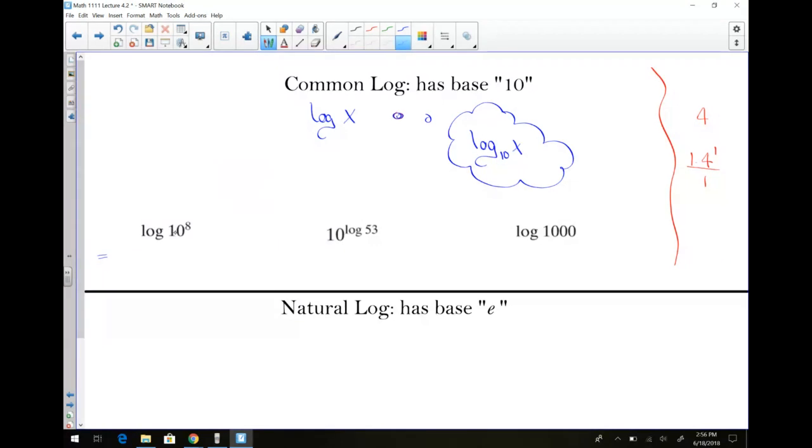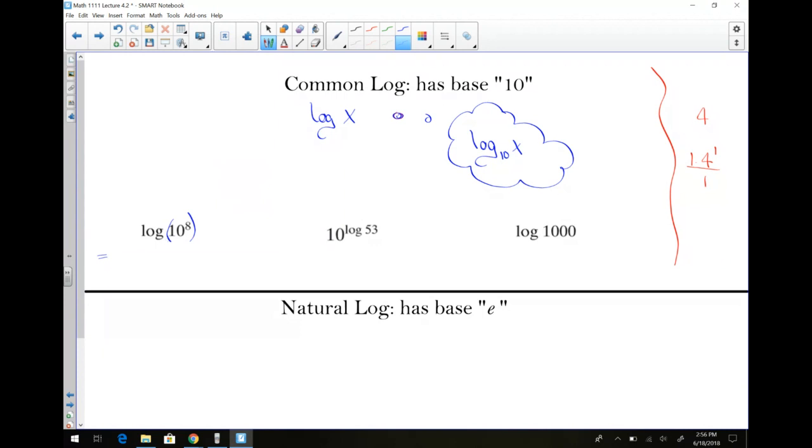Now, I want you to notice that this 10 here is not a base. Well, okay, let me correct myself for this one. This 10 is the base for the exponential function, 10, base 10, raised to the 8th power. Now, for this log, there's nothing there, meaning that this is a 10 down here, but this 10 doesn't act as the same base as this.